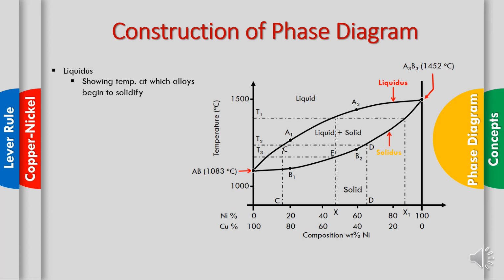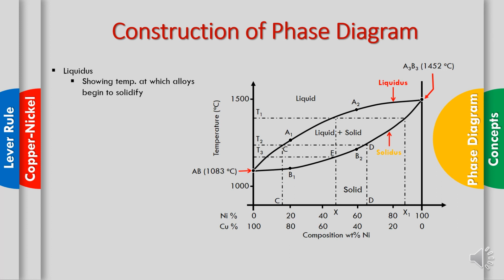For the liquidus, basically it shows the temperature at which the alloy begins to solidify. This line separates, or we call it the phase boundary of, liquid and liquid-solid.